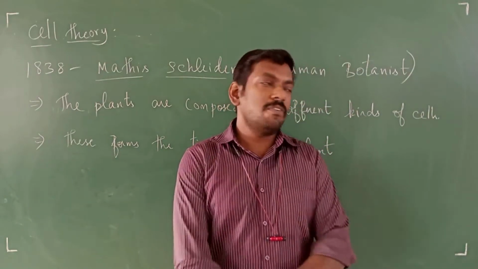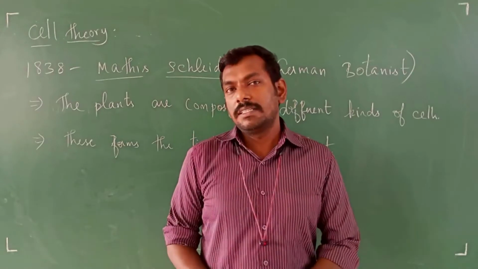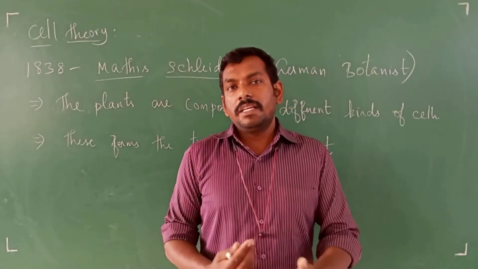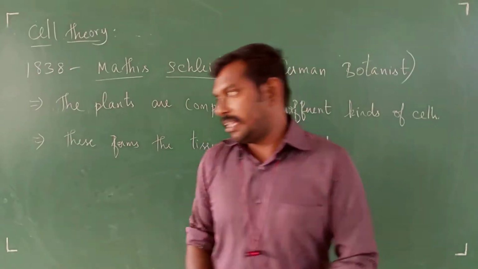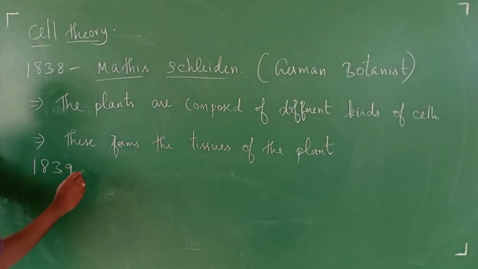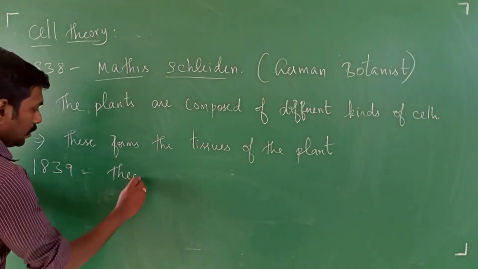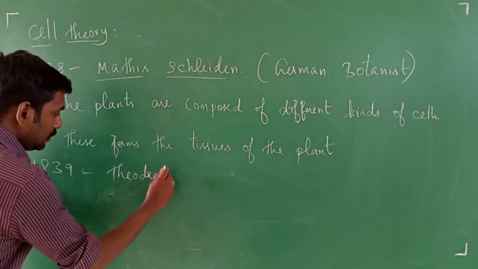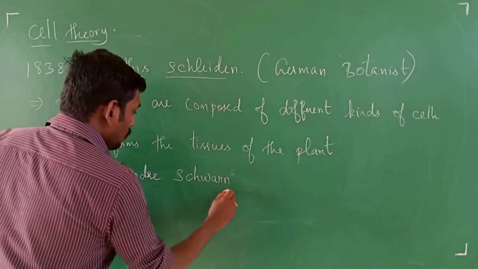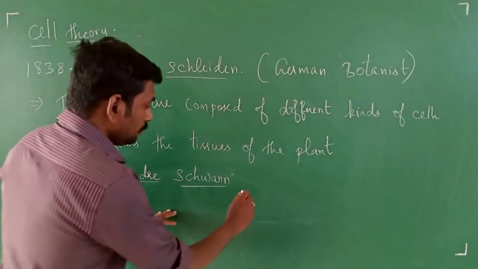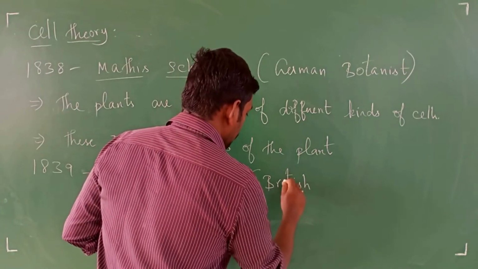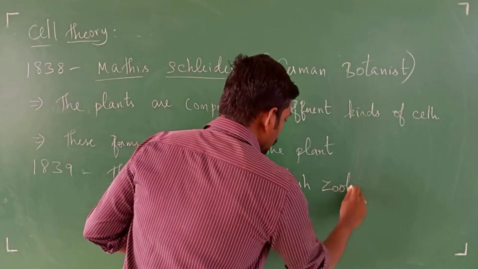This was found by Matthias Schleiden, a German botanist. In the year 1839, we have another scientist, Theodor Schwann, a British zoologist.